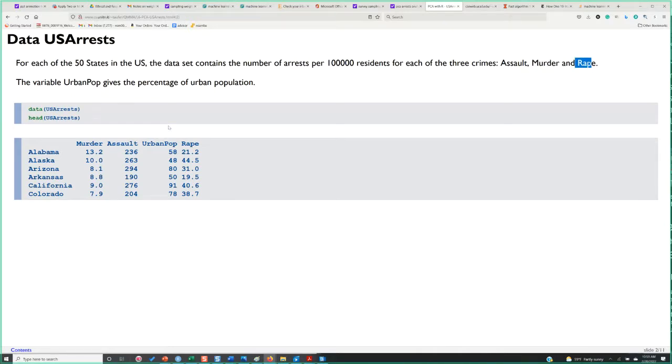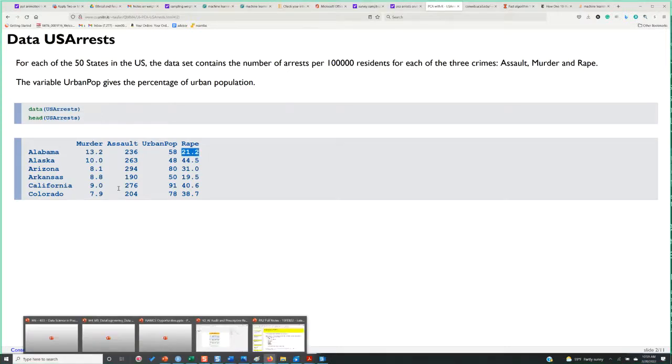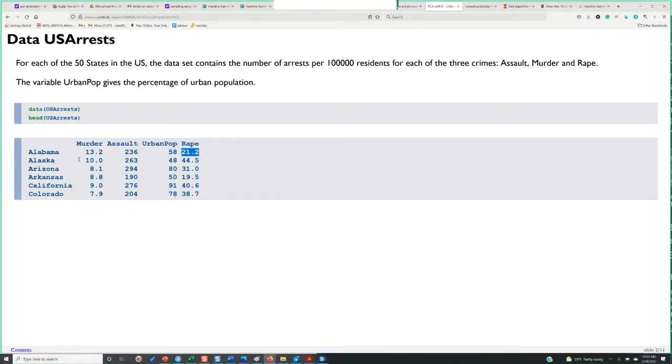And then the fourth one, the third column, is about the urban population percentage. That is, Alabama has 58% urban population. For 100,000 people, there are 236 assaults, 13 people getting murdered, and rape is 21. It's pretty bad. Okay, so that's what it is for every state we have.